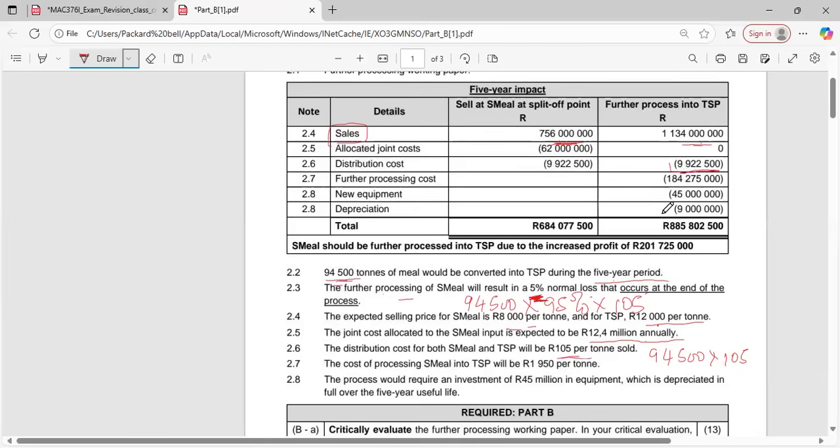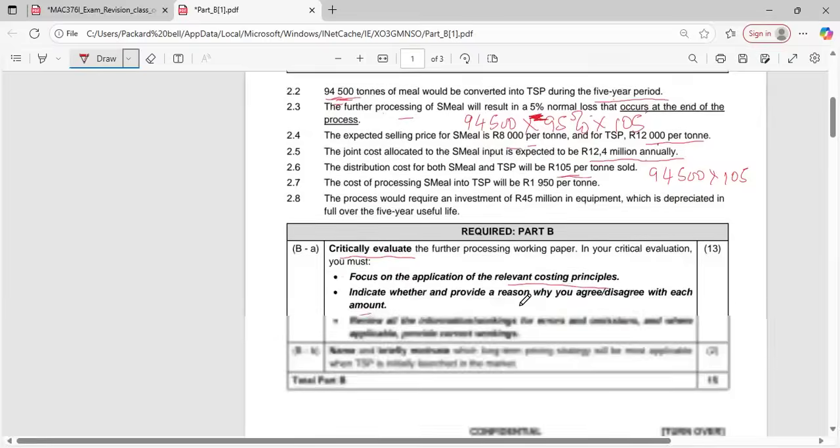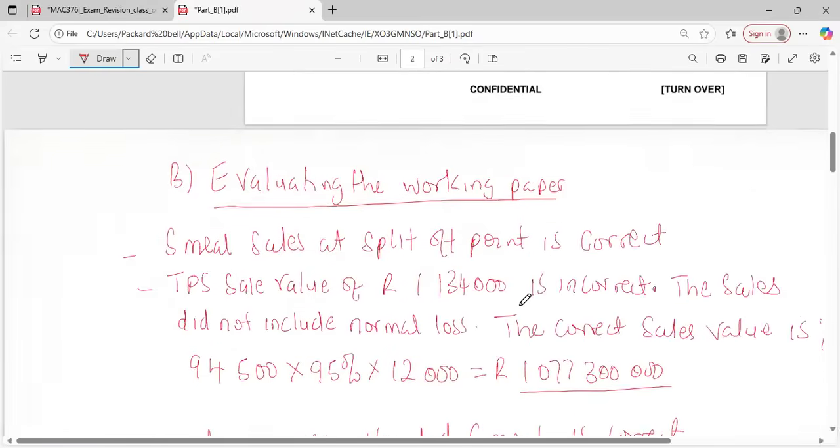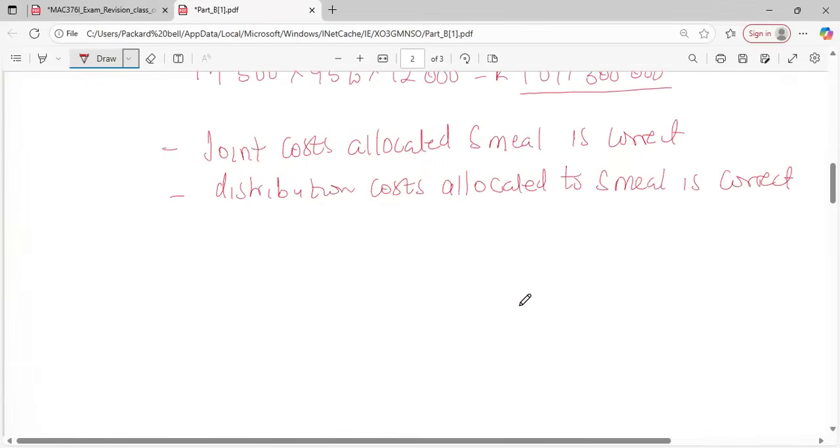Because they work it as if there was no normal loss. So understanding your topic, that's why I always say, if you understand your topics, most things are not going to confuse you much, as long as you understand the principle behind the topic.